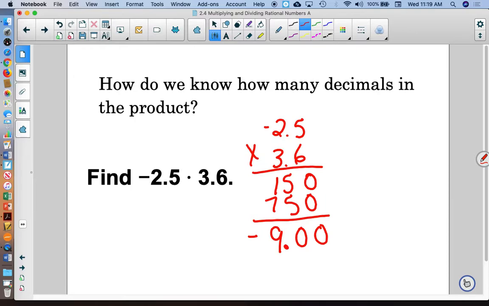Right there. Okay? So it just so happens that negative 9 by itself would have been acceptable. But I had to carry those 2 decimal places before I answered that question. Okay? And what I do is I count the digits behind the decimal.